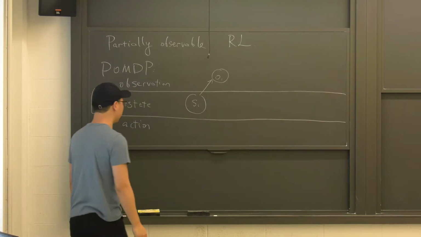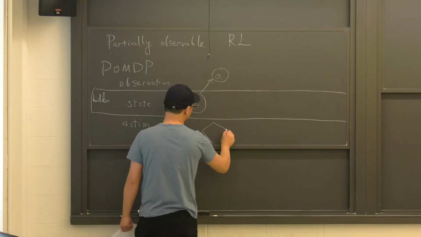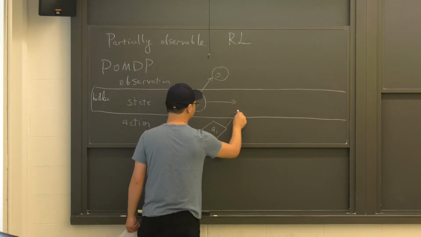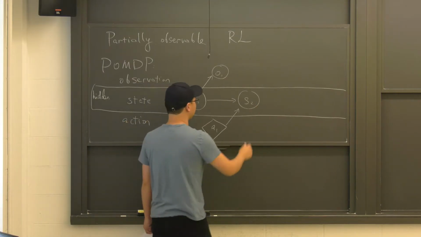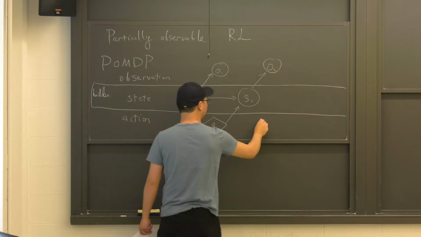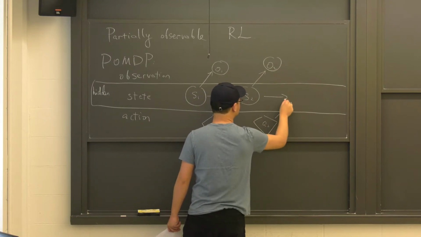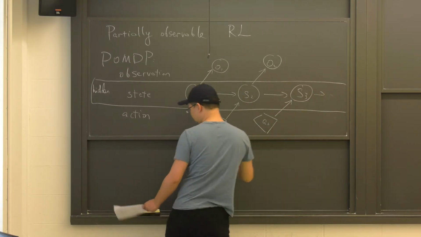And then the learner or agent can make decisions based on the first observation. The observation and underlying states will jointly decide what's the next state in the second step. And then again, the state will generate an observation by the emission matrix. And then we again have the action A2 there.